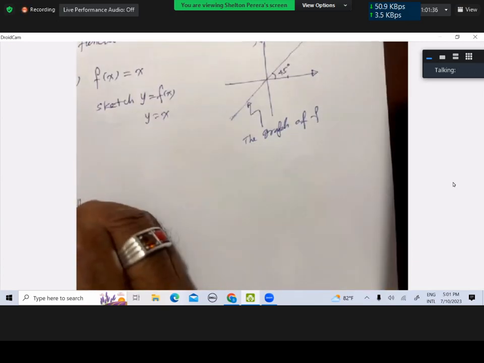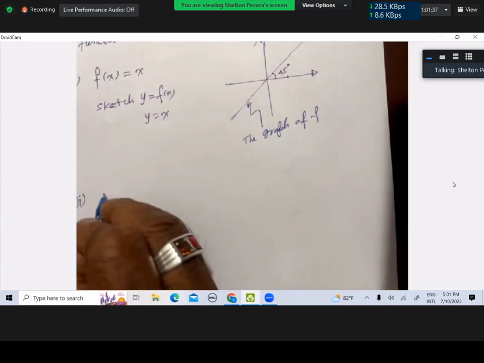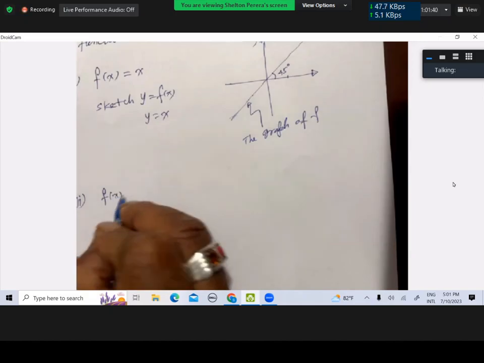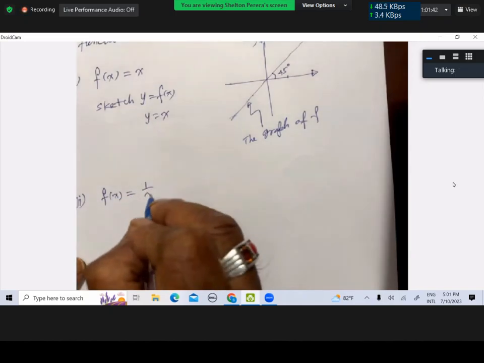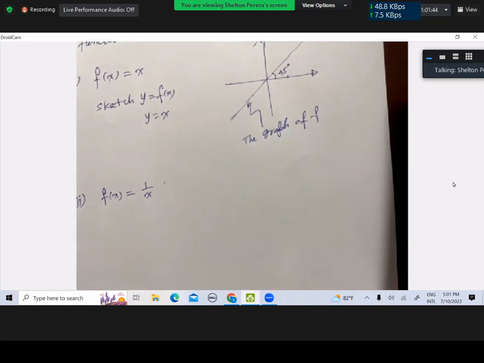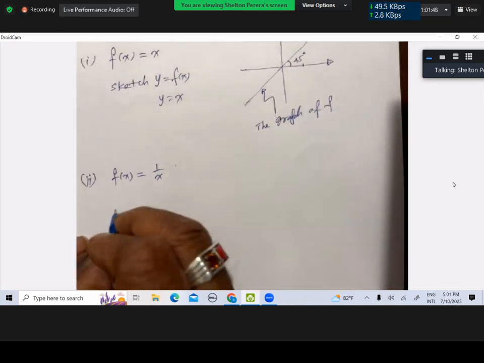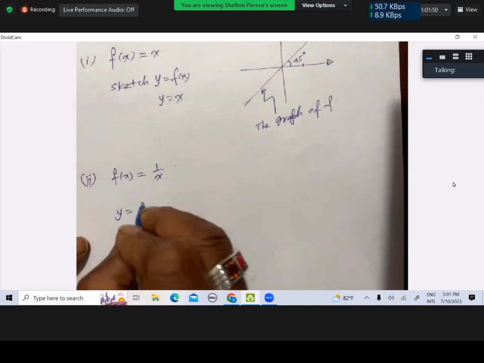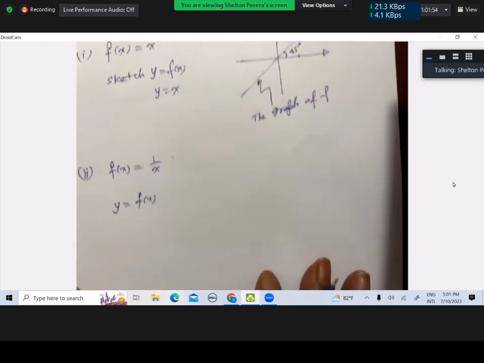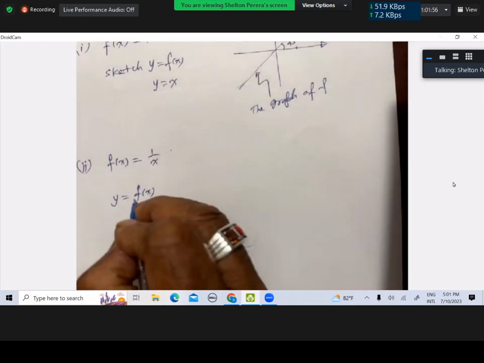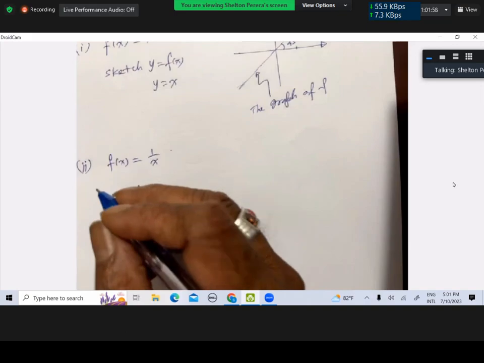Second one, f of x equals 1 over x. What is the graph of this function? The graph of f is the same as the graph of y equals f of x. Of course, x must be in the domain of f, otherwise the rule is not defined.